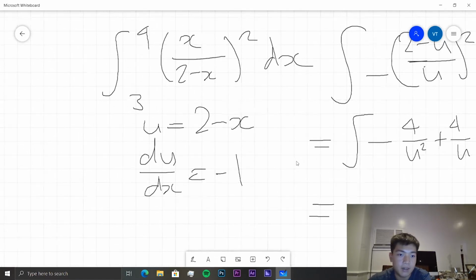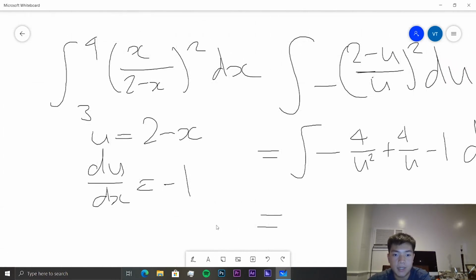And the boundaries are, we need to change these limits into 2 minus 4 is -2. 2 minus 3 is -1. So we actually flip these into -1 and -2.